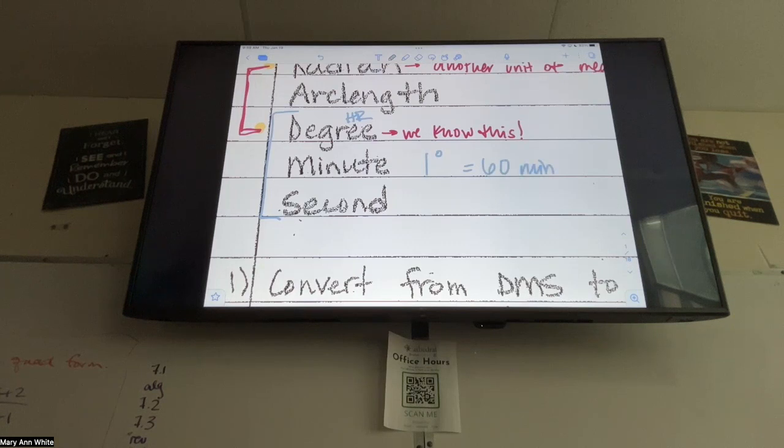That's why I wrote hours next to it, because that helps me get in my mindset with what we're talking about. Similarly, let's think about minutes and seconds. In 1 minute, there are how many seconds? 60 again, good. And if we're talking about 1 degree to how many seconds, if there's 60 minutes in an hour and 60 seconds in a minute, how many total seconds are there in 1 degree?